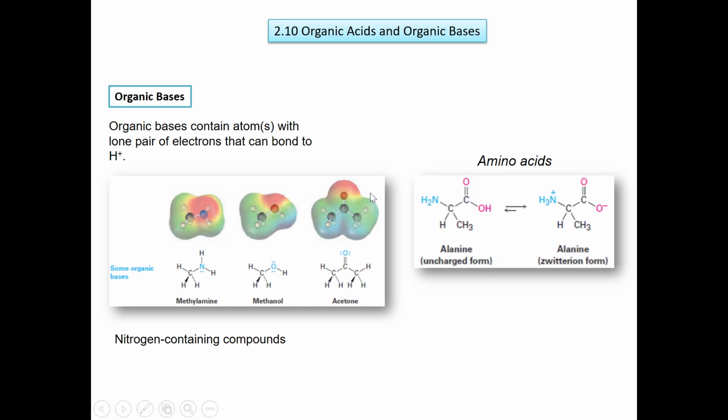We also have amino acids that combine an acid moiety, like the carboxylic acid, plus an amino group that is a base. Normally these compounds are not in this form, they are in their zwitterionic form. That means the nitrogen is protonated and the carboxylic acid is deprotonated.